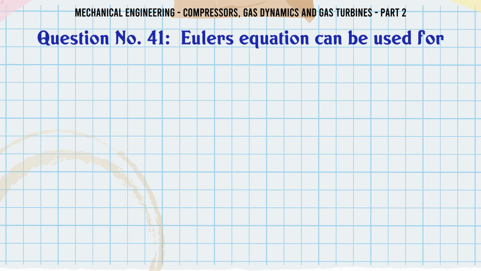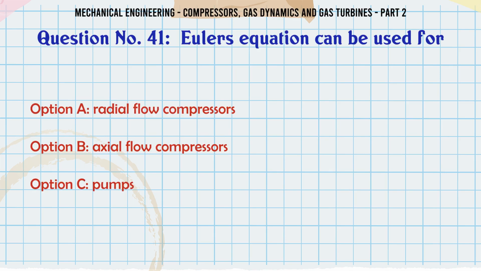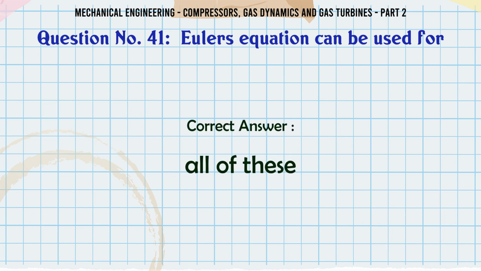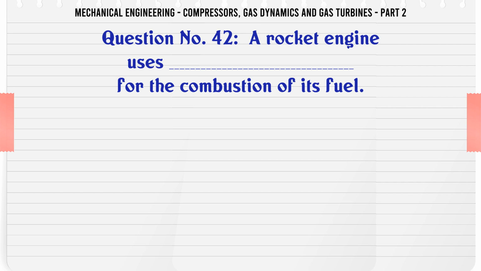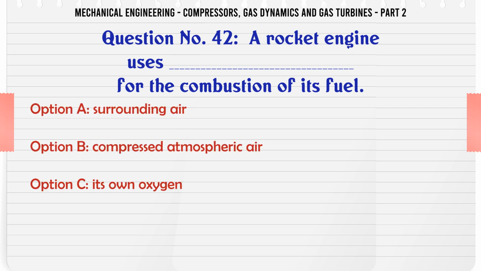Euler's equation can be used for A. Radial flow compressors, B. Axial flow compressors, C. Pumps, D. All of these. The correct answer is all of these. A rocket engine uses for the combustion of its fuel A. Surrounding air, B. Compressed atmospheric air, C. Its own oxygen, D. None of these.